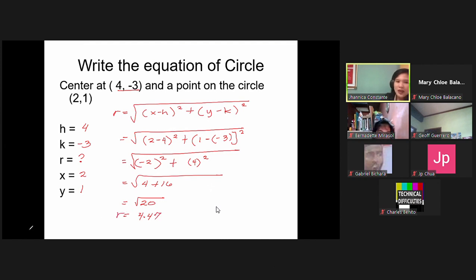So since we already have the radius for our circle, we can now write the equation using the center and the radius that we have.